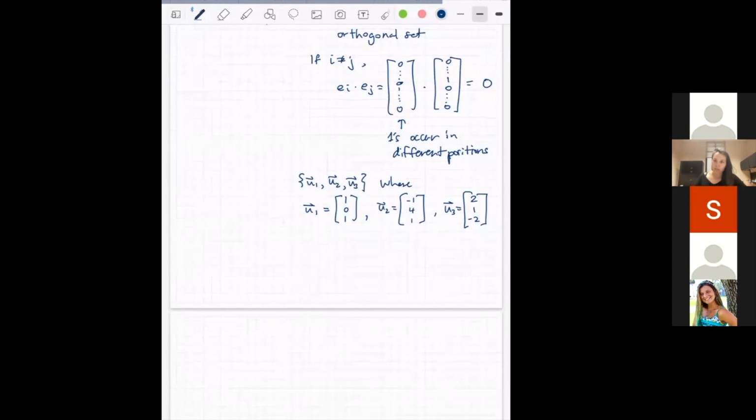We could check this by just taking the dot products. I should write an orthogonal set.